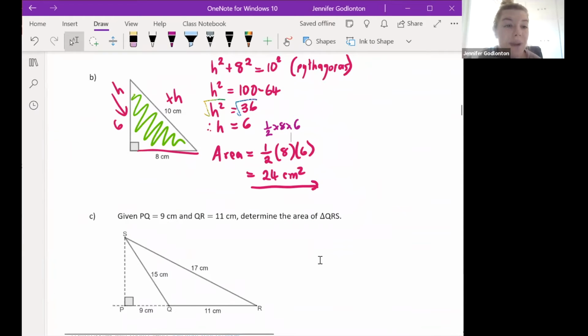Oh, the formula is just the formula for a triangle. So when we're dealing with a triangle, our area is equal to half base times height.